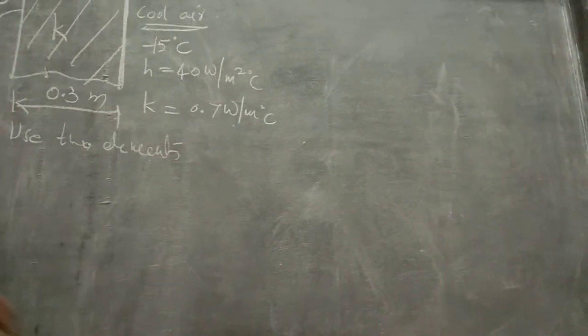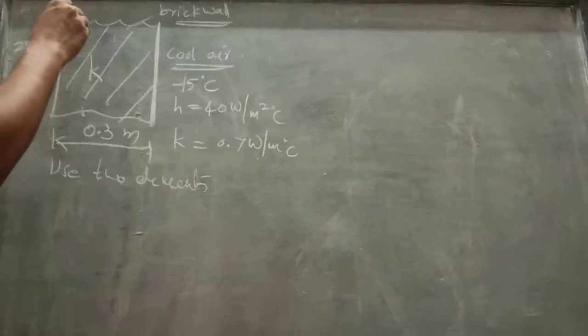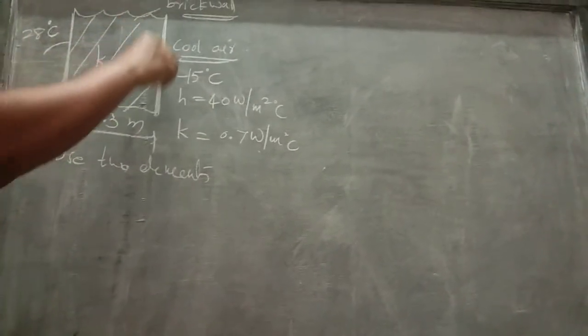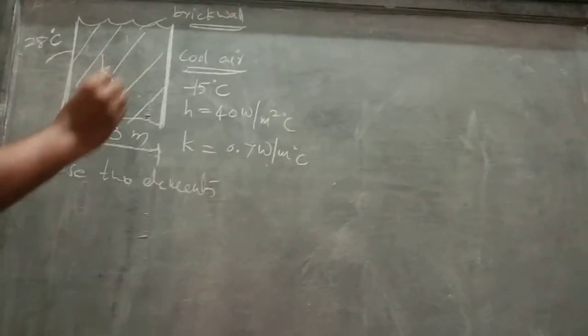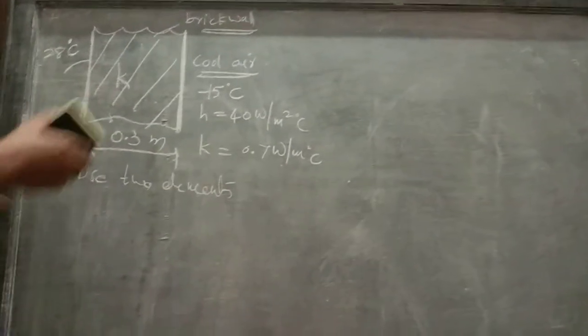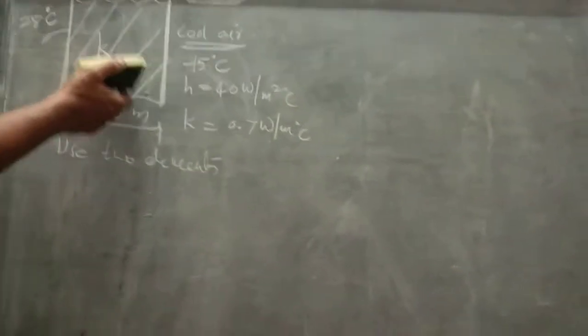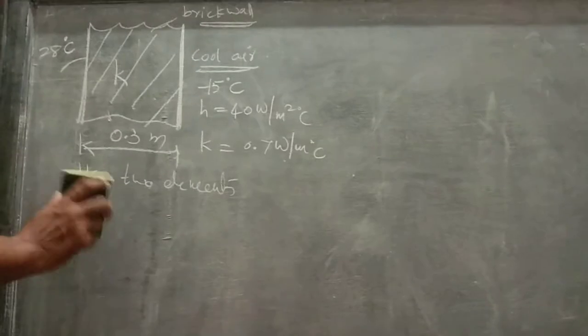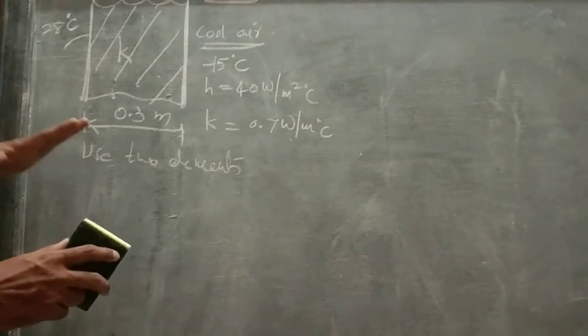Okay. Now here, since this brick wall is made up of only one material, we can generate a finite element model by considering it as a single element, but here it is given that use two elements.